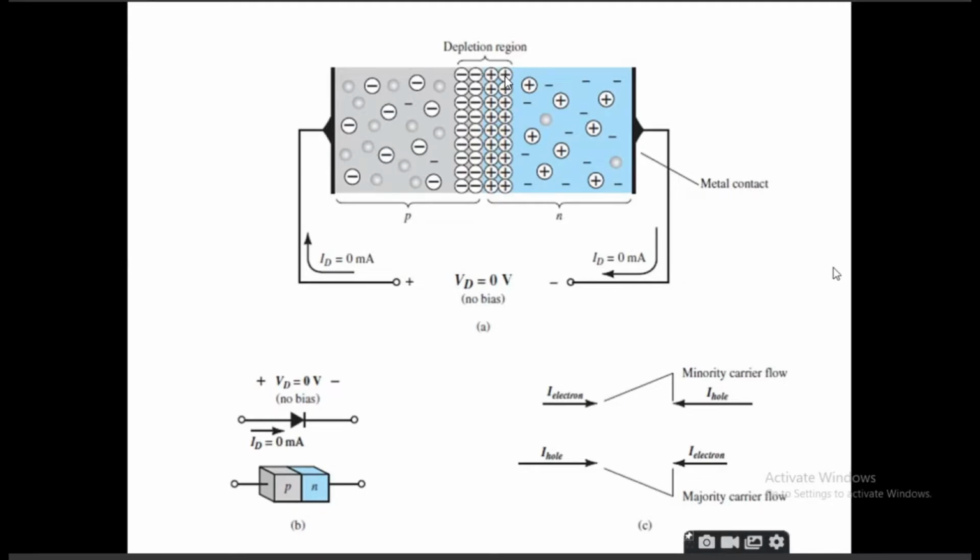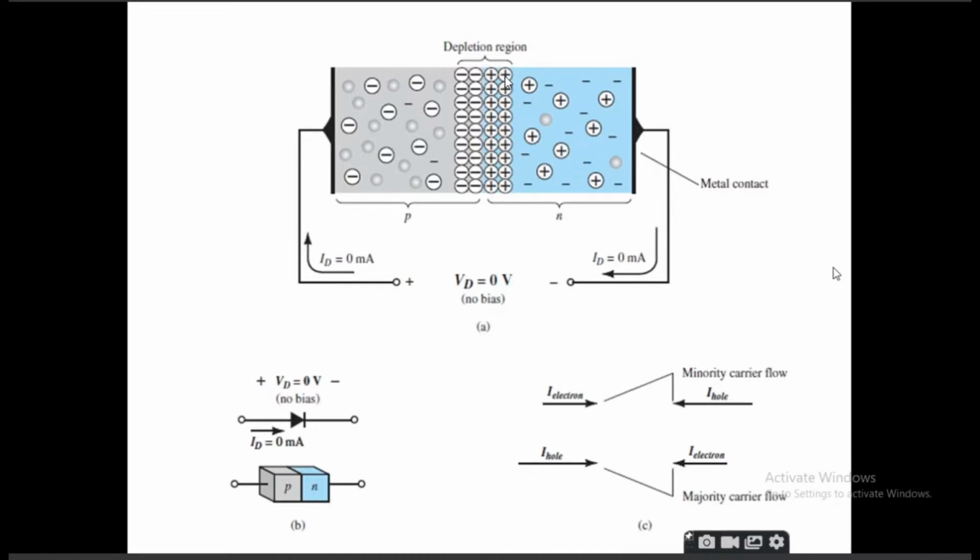The purpose of this depletion region, looking at figure A itself, is that in the absence of any external voltage applied, none of the mobile charges, either from the p side or from the n side, can cross the junction.